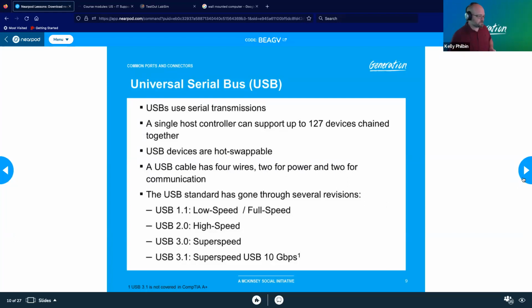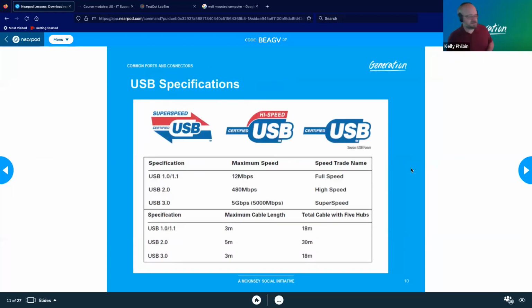So the main thing that we're asked, we need to know the throughput speeds that'll kind of help you determine which technology you're dealing with. And my main thing is know the low end, know the high end, and then you should be able to figure out kind of in the middle.